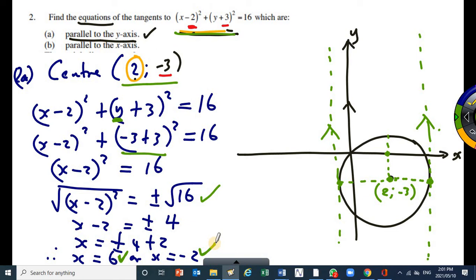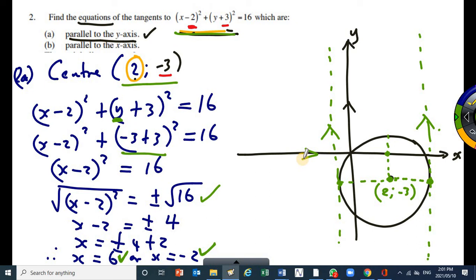Now, the next question, the same concept that I used to do this one here applies to 2B. The only difference is that in 2A, we're dealing with lines that are parallel. In 2B, the lines are horizontal, and they will be parallel to each other as well. So the gradient of the x-axis is 0, because it's a horizontal line.